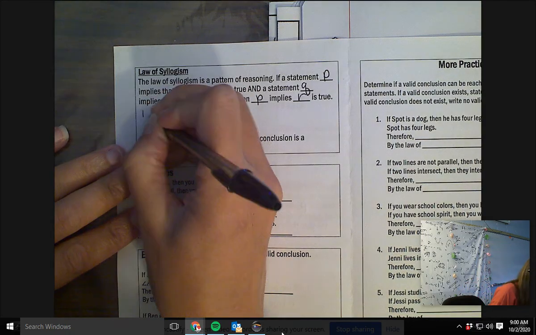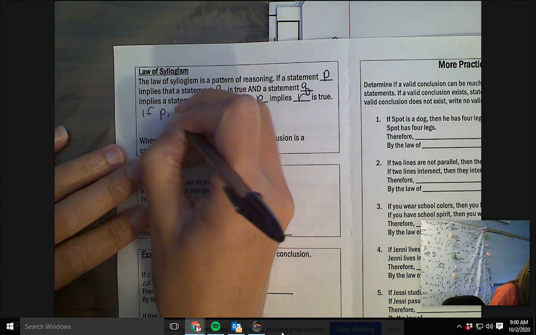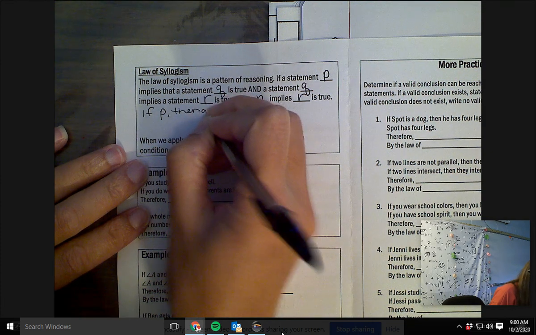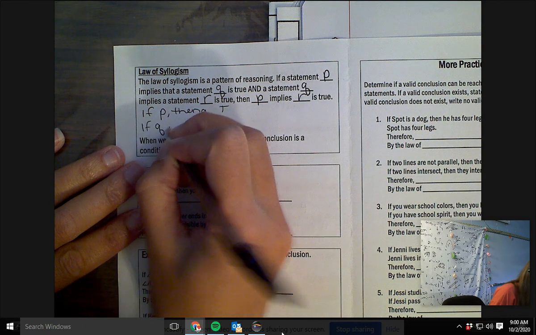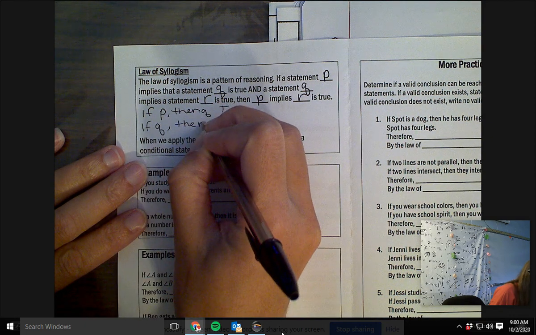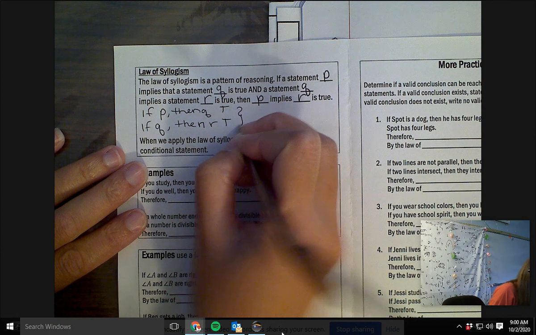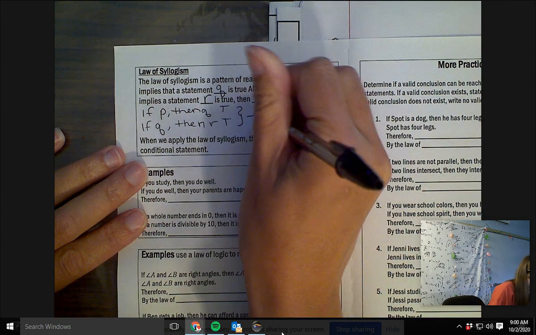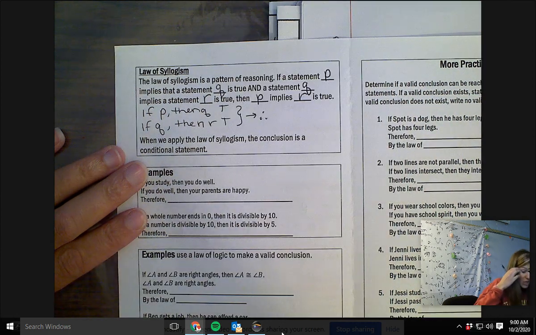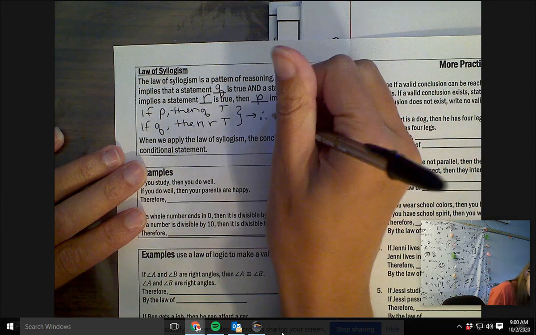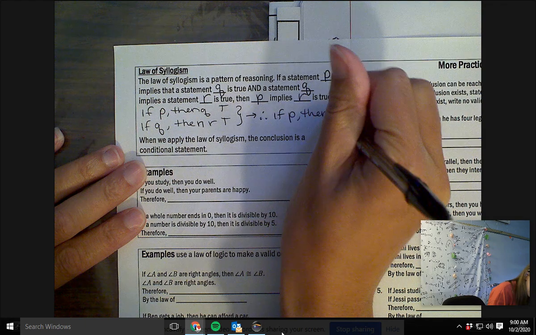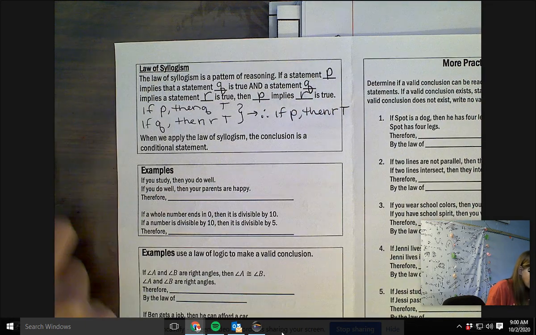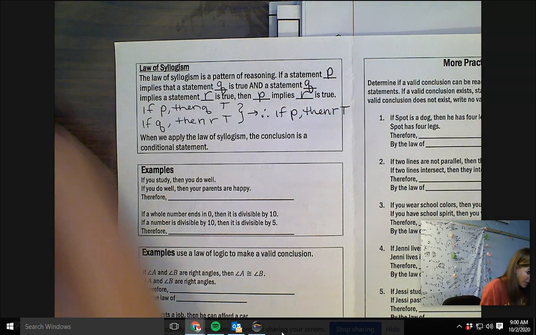So if P, then Q, and that's true. And I also have if Q, then R is true. Then I can therefore deduce that if P, then R is true. So we kind of have a fun little matching up thing here.